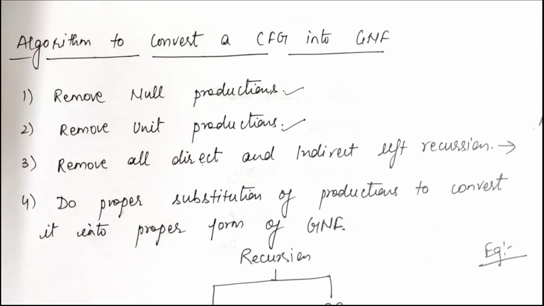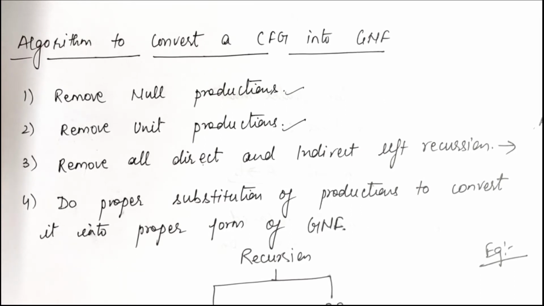In order to convert a context free grammar into GNF, or Greibach normal form, first we have to remove the null production, second we have to remove the unit production, and third, if a left recursion property exists, then we have to eliminate that. After that we have to do proper substitution of productions in order to convert it into the proper form of GNF.